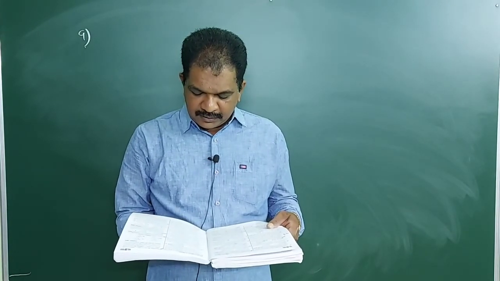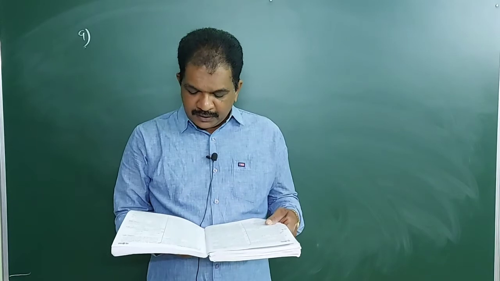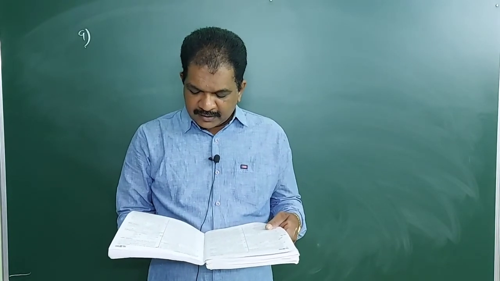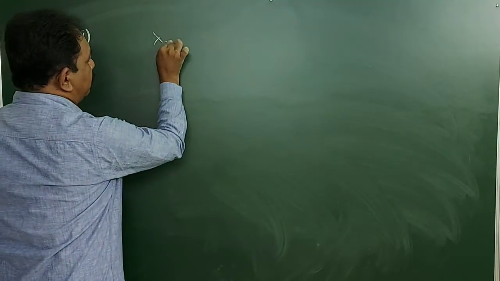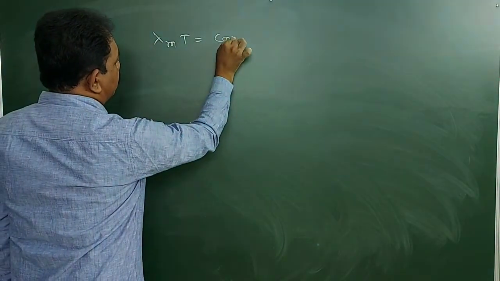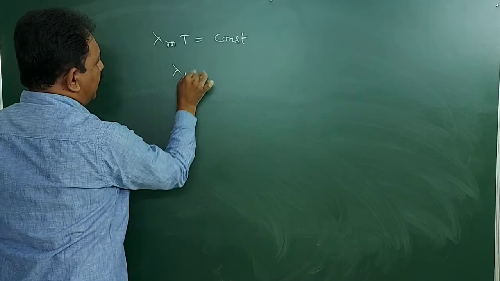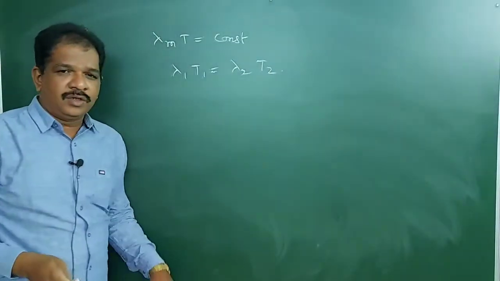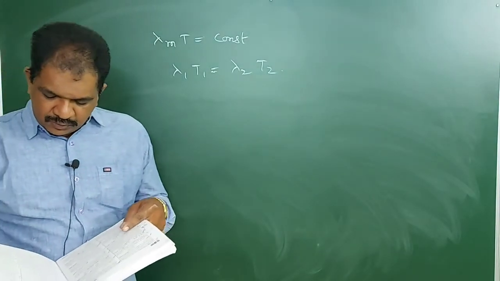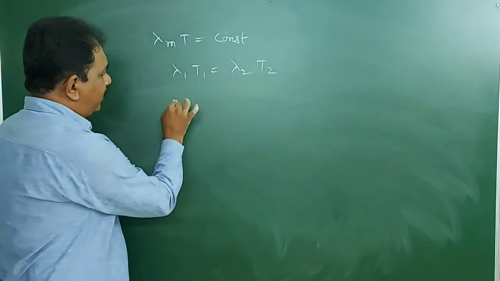The temperature is increased by 1000 degrees centigrade. Maximum intensity is. So lambda m into T is equal to constant. Lambda 1 T1 is equal to lambda 2 T2. So lambda 1 will be 5000.